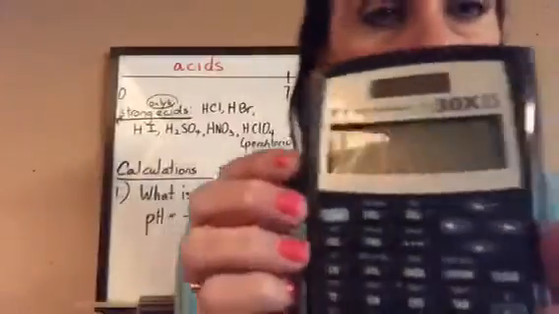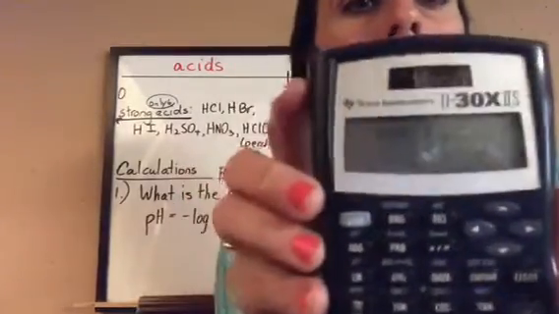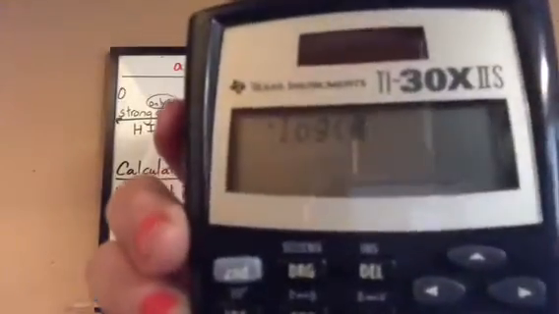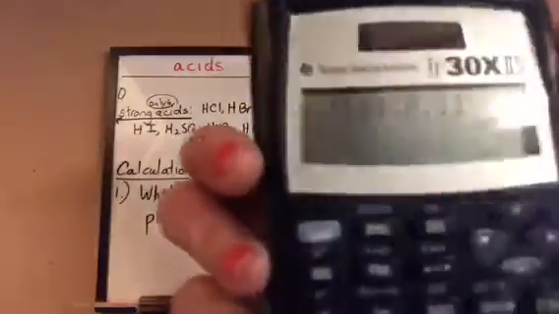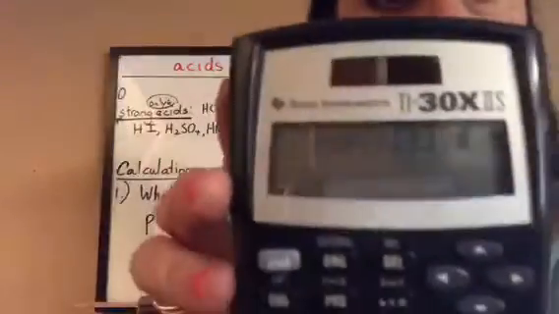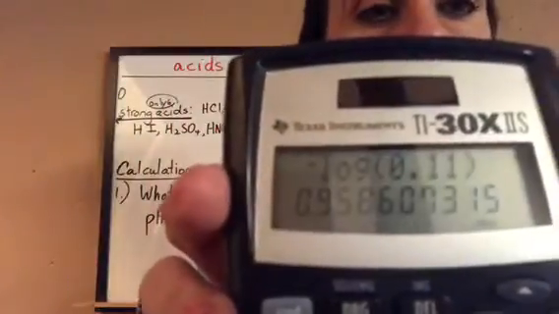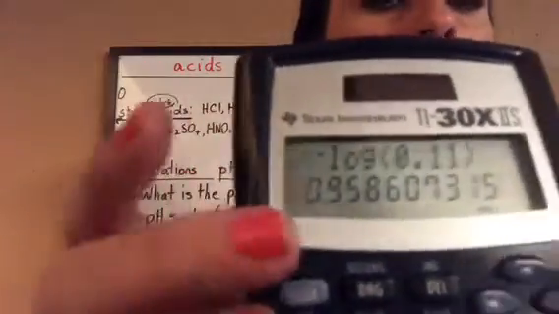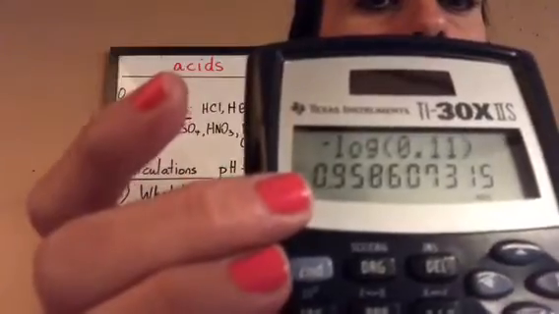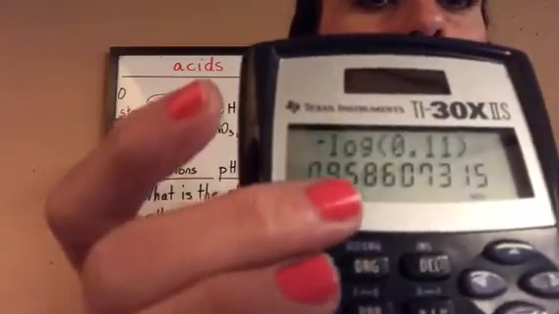I know there's a glare. Let me stand here to see if it helps with the glare. Okay. We would enter 0.11. Close the parenthesis. Enter. Okay. So we have in our display readout 0.9586.